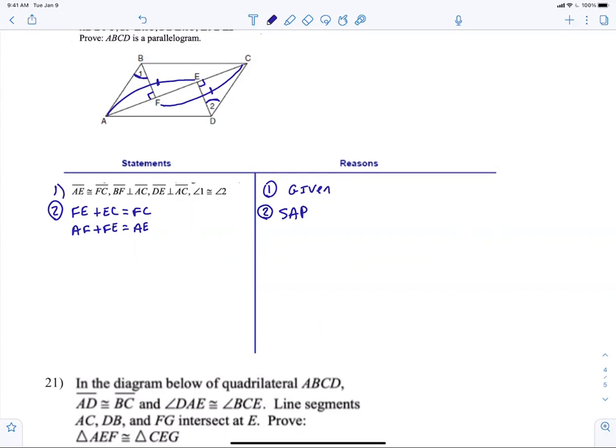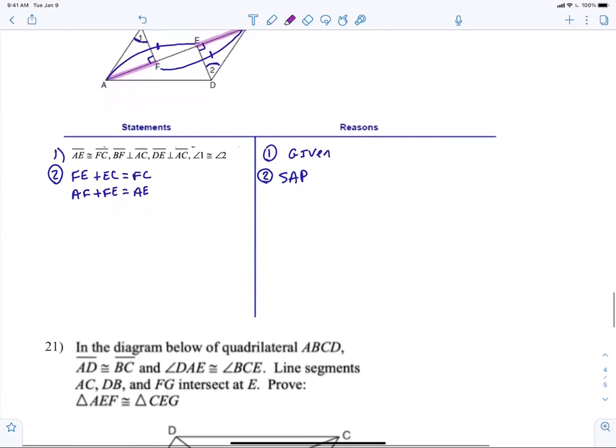Yes, I like that. And then what's true about those two triangles? They'd be congruent. All right, then we have one side congruent. Very nice. Very good job.